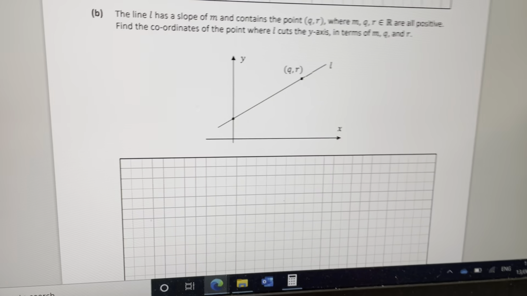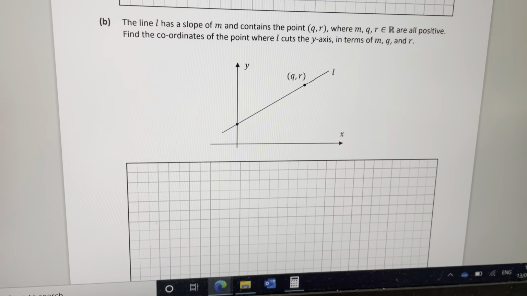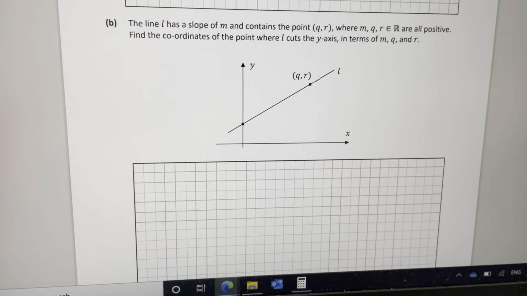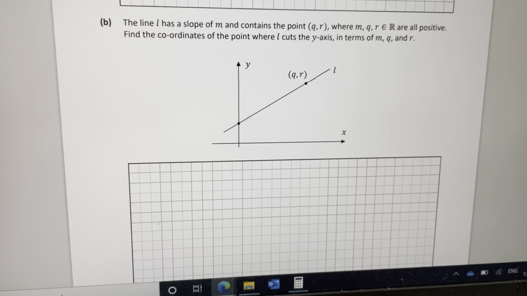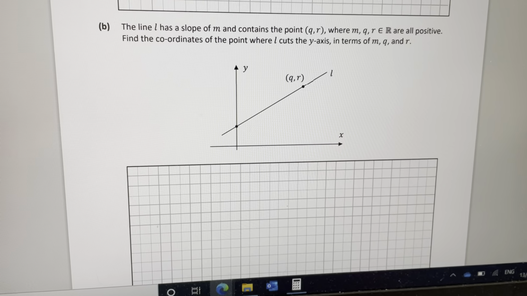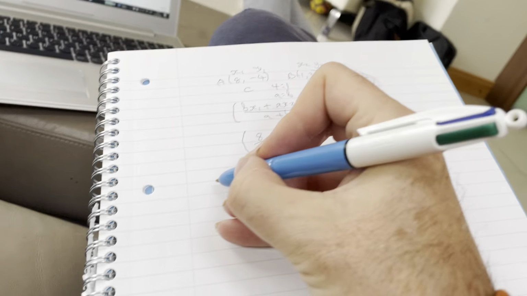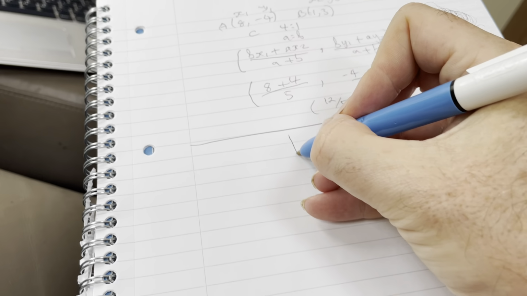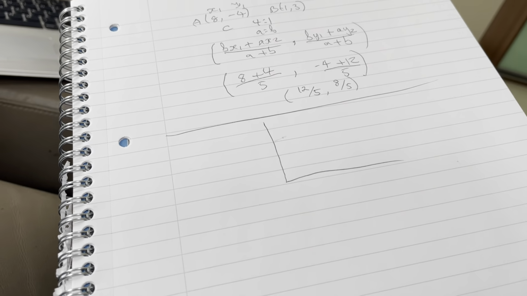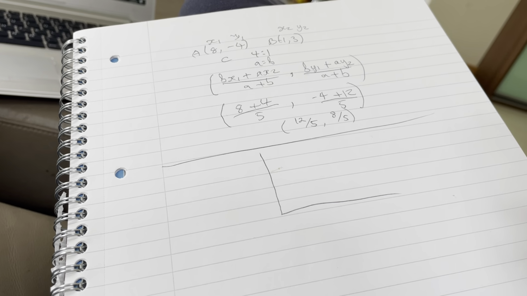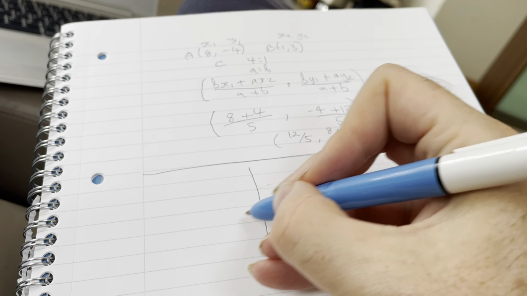Line L has slope m and contains the point there. Okay, so find the coordinates of the point at which L cuts the y-axis. Okay, so no numbers here, and I kind of like these ones. So let's just have a quick look at this.